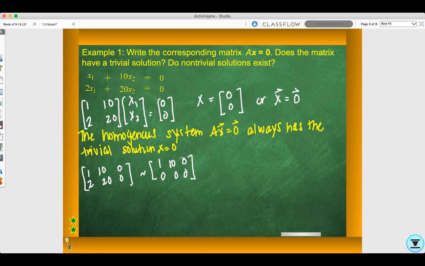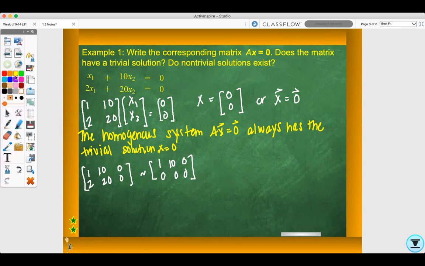And non-trivial solutions exist. This is a consistent system with a free variable, so it has infinitely many solutions.